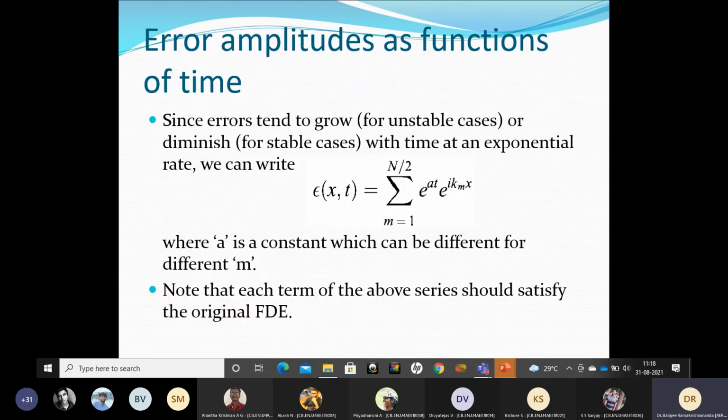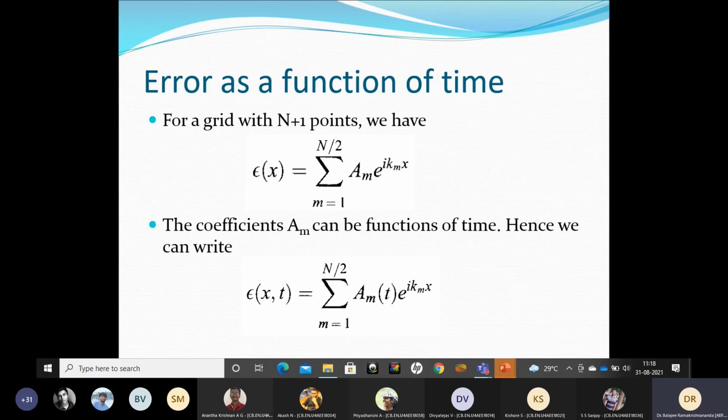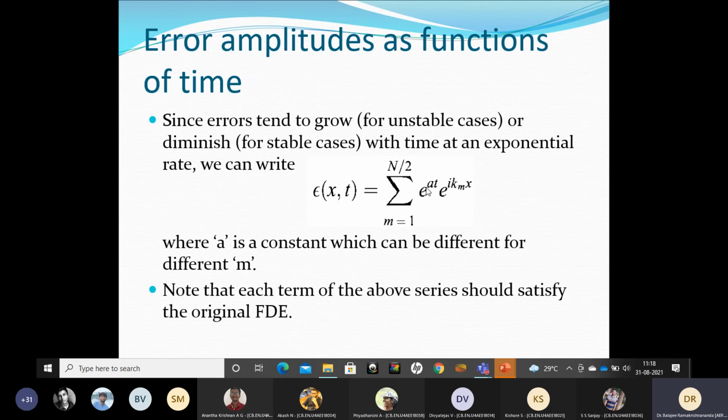So errors tend to grow for unstable cases or diminish for stable cases with time at an exponential rate. So we are approximating this AM(t) by e power small a into t. So we can write this as a product of two exponential terms. Generally it has been observed that the errors tend to grow or diminish at an exponential rate.